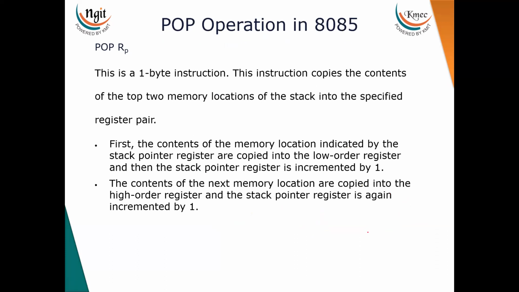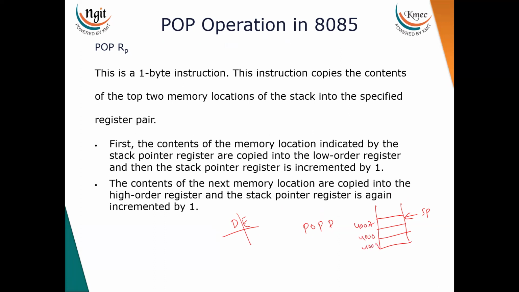Now coming to the pop operation, similarly if I take pop D, we are moving the content from the memory location to DE. Wherever the stack pointer is, for example, the stack pointer is at 4007, then 4008 and 4009.